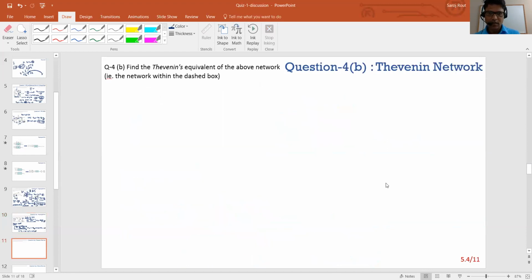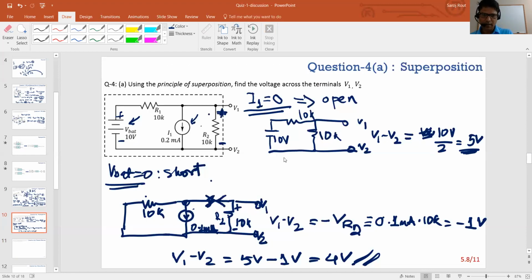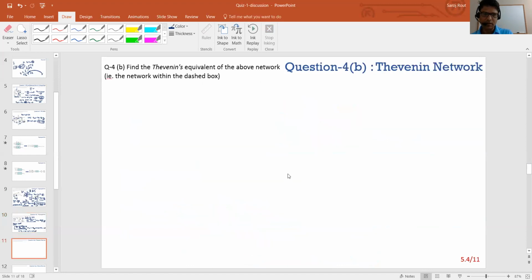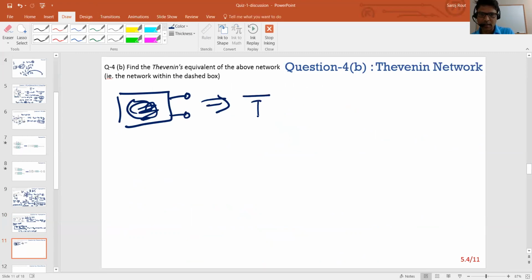Okay. So the next part is I'm trying to find the Thevenin equivalent of this, right? I think you all know the Thevenin equivalent, and you use that tool a lot of times. If you're not familiar yet, you definitely need to be. So if you have a linear network, and you have two terminals over here, the Thevenin network is simply a voltage source in series with a resistance, at the same two terminals.